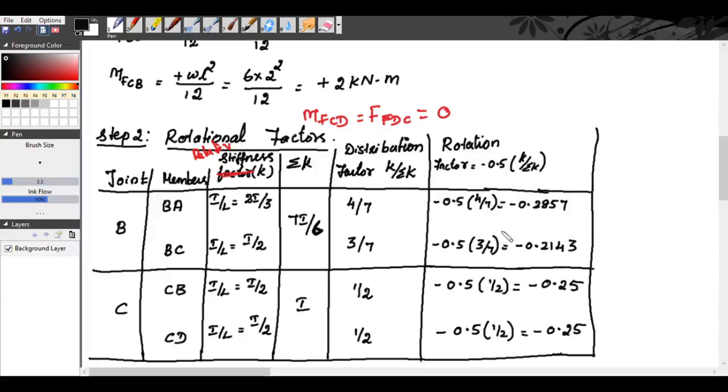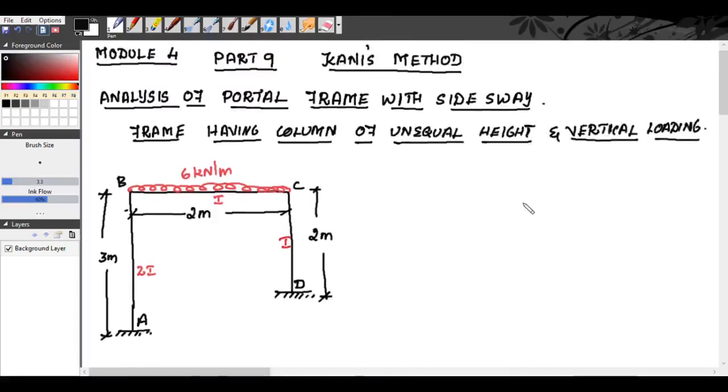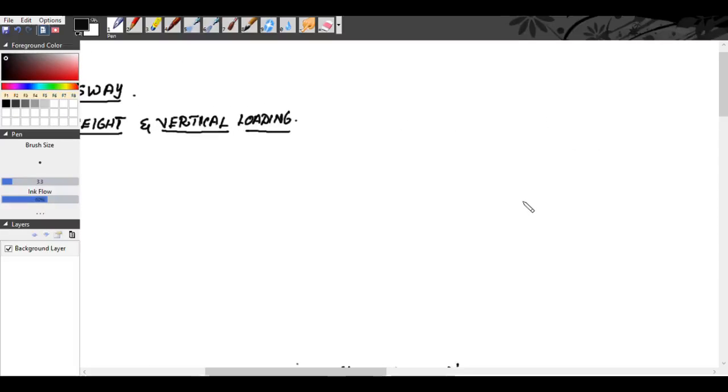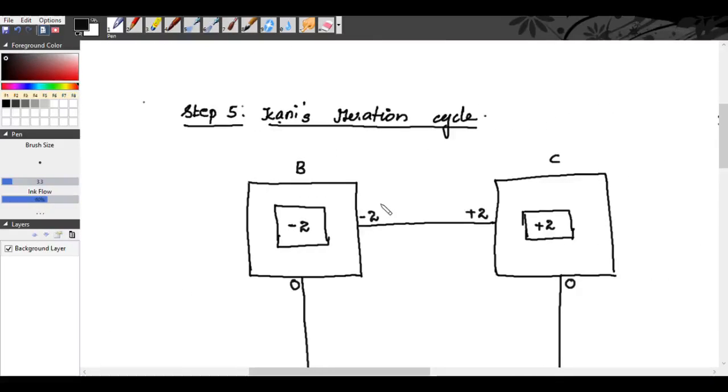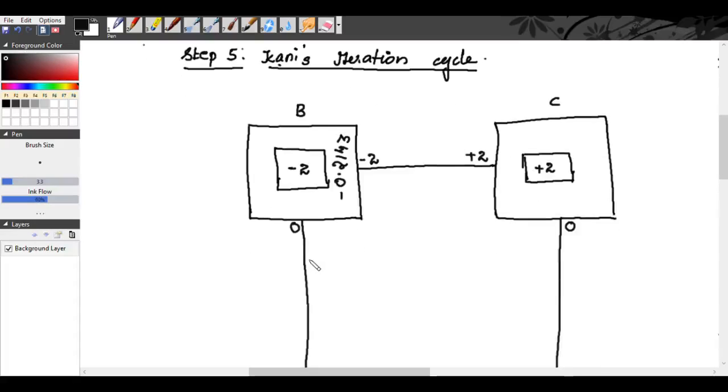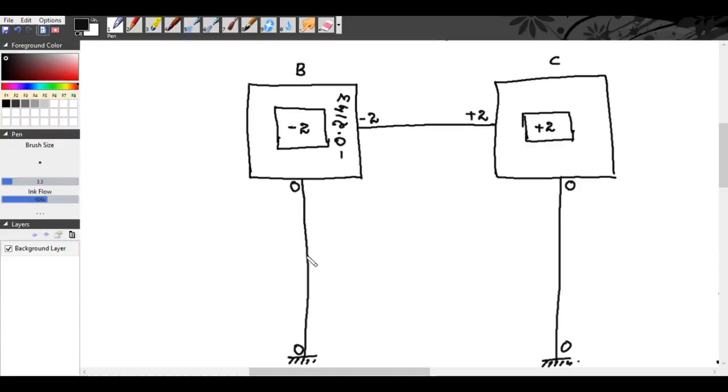So, everywhere the rotation factor is minus. So, it is minus 0.2143 for BC. For BA, the rotation factor is minus 0.2857. The rotation factor for CB is minus 0.25 and the rotation factor for CD is minus 0.25.